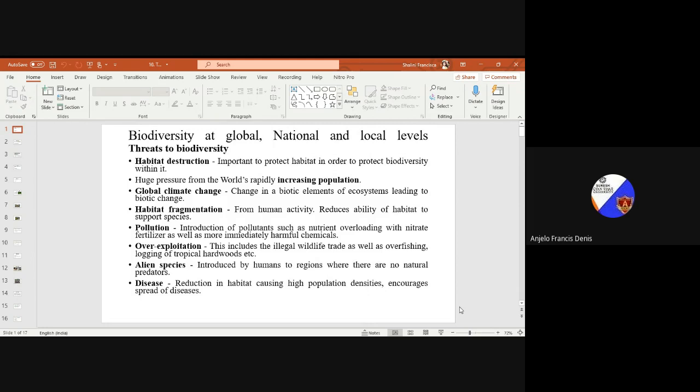Whenever there is high demand for food, definitely a larger area will be cultivated. There will be pressure on water resources. There will be pressure on land resources.